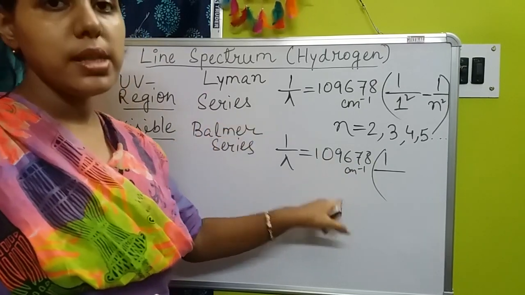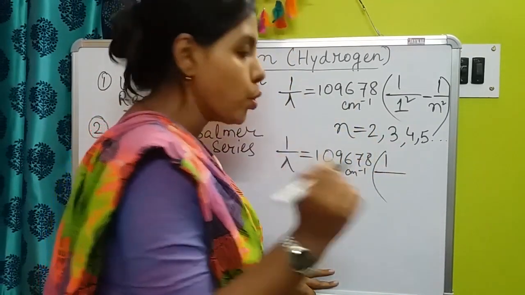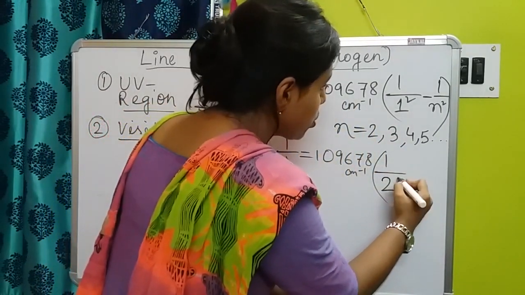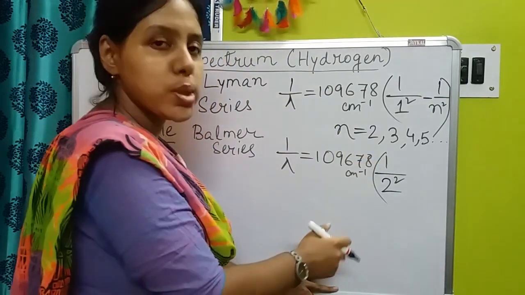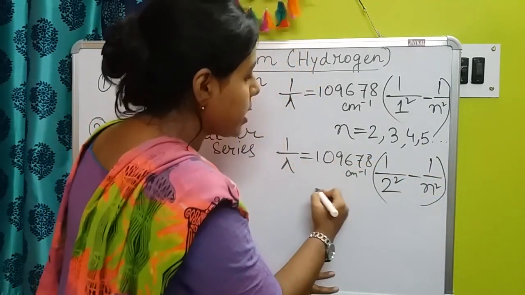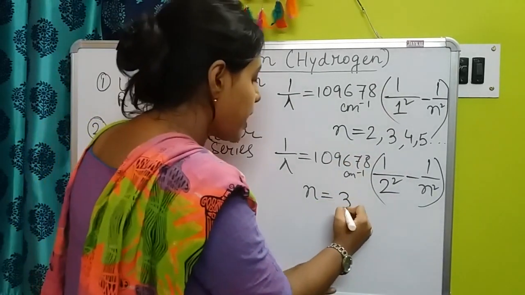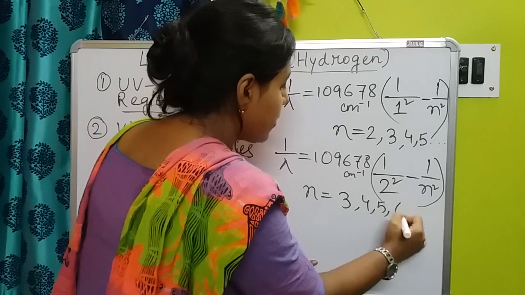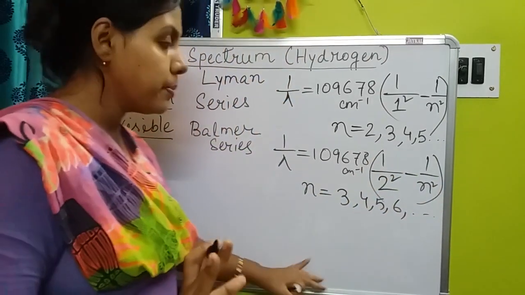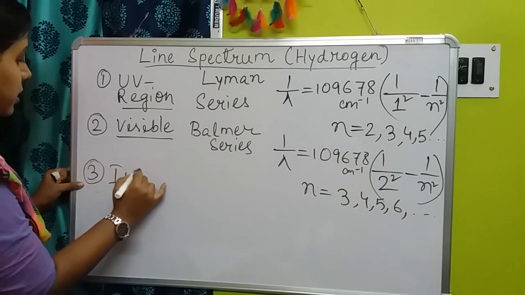For the second quantized level, N1 is equal to 2, so here it will be 1 by 2 square minus 1 by N square, where N is greater than 2, that means N will be 3, 4, 5, 6 and so on. Clear? Next one, number 3, that is infrared.